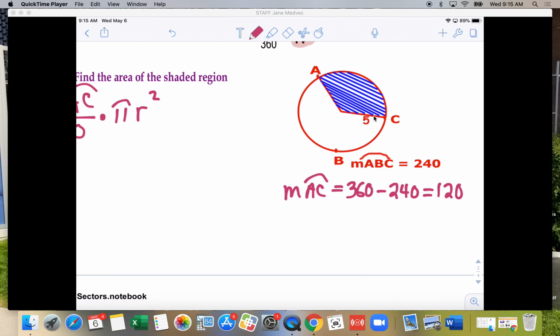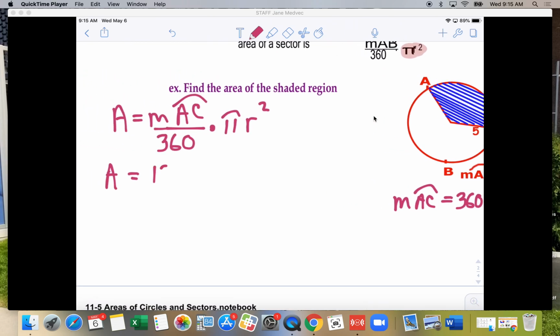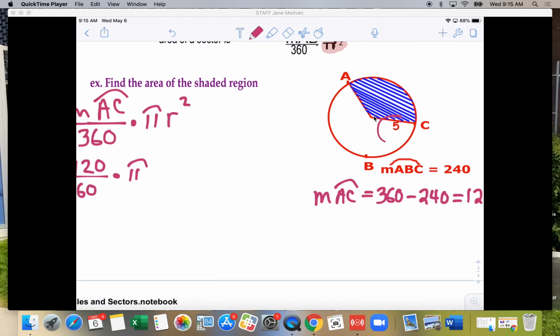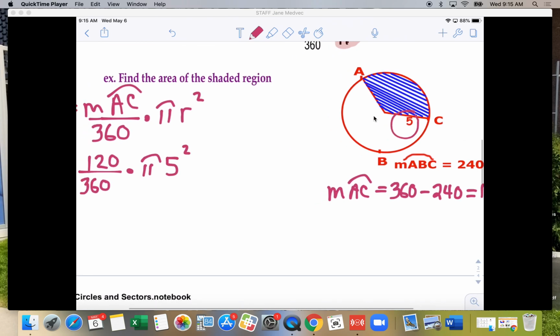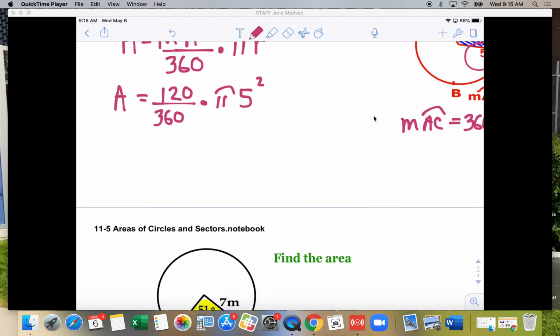So I'm going to go ahead then and take that 120 over 360 times pi, and then the radius, you'll notice here, is 5. So it's 5 squared. Okay? So now essentially you just do a bunch of number crunching.